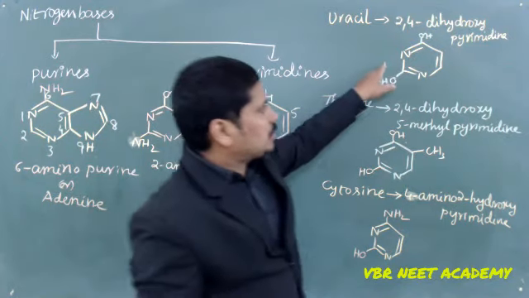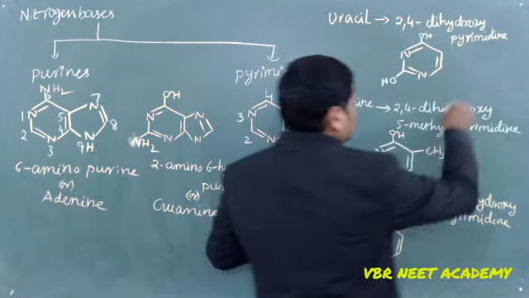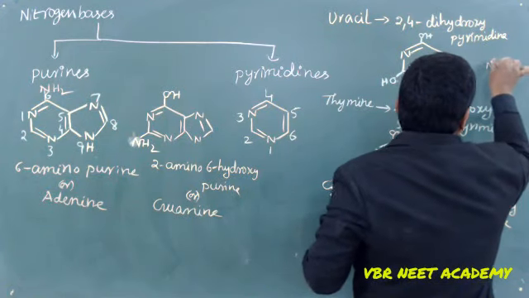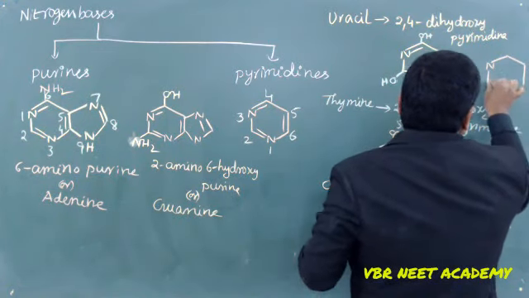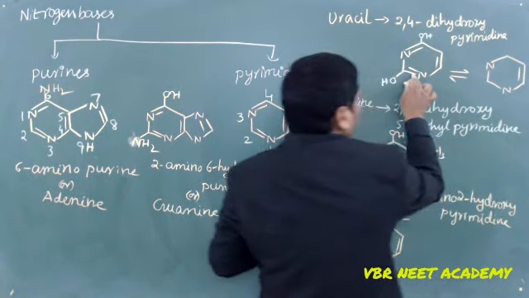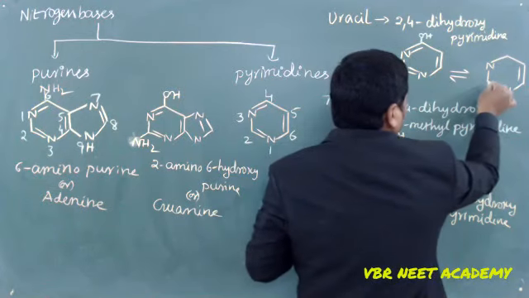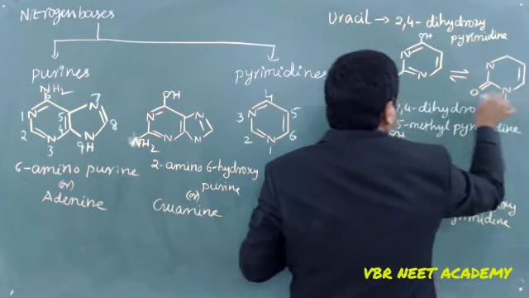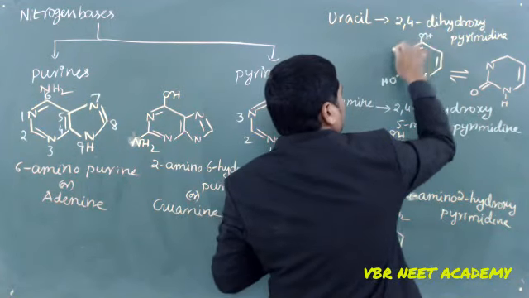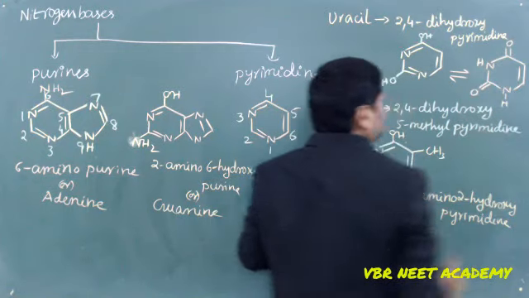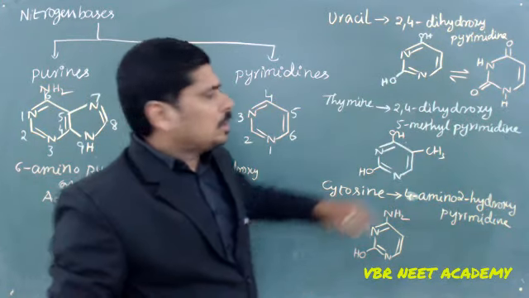For example, for this one I am writing the tautomeric structure. Now this double bond is shifted and this H will come here. So now here I have a double bond O and here I have H. Similarly, here H is shifting, so I have H here and a double bond O here. Now what name can I give?